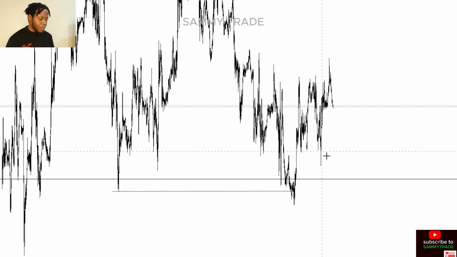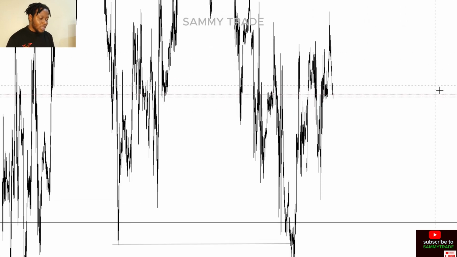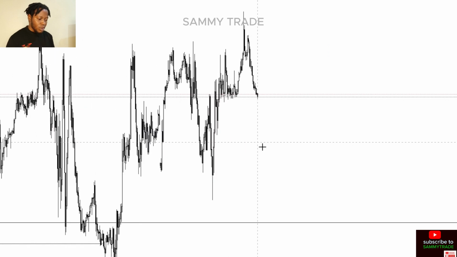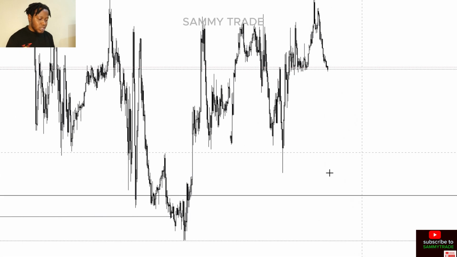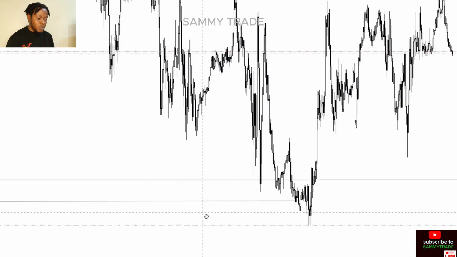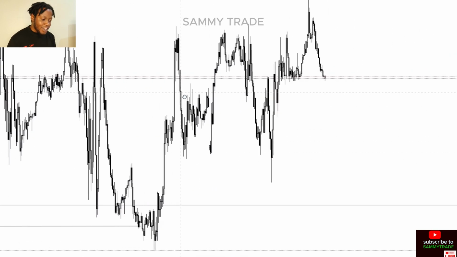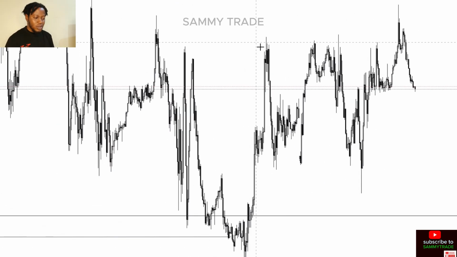So this is how I entered for the trade that I showed you guys. After I saw this closing below this point, that lower high that we drew, price pulled back again. Now I know that the price is still bearish, which means I should be looking to sell in the market.